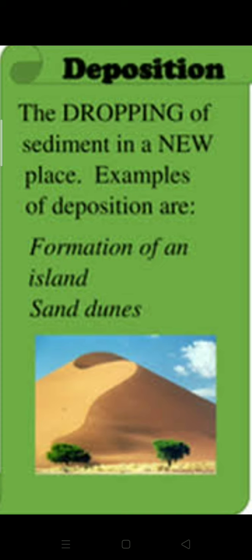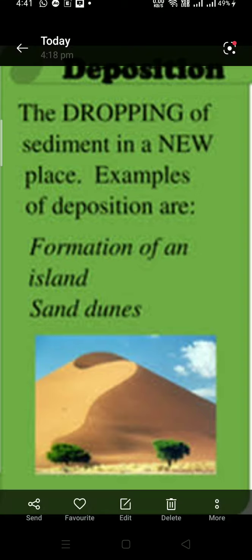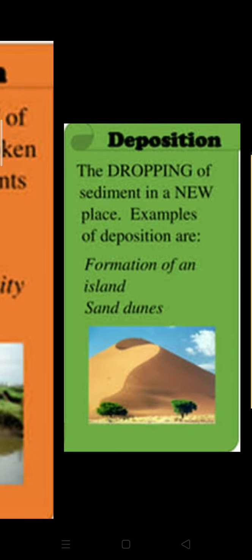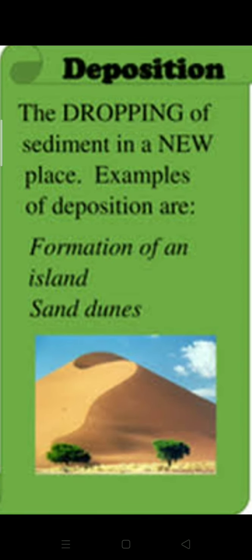Have you heard about the sand dunes? Look, in deserts we find such mountains. The shape of this is because there is deposition of sand, and the agent over here is the storm, the wind. Now what are sand dunes, that I will teach you later. At present what you need to understand is what is deposition.